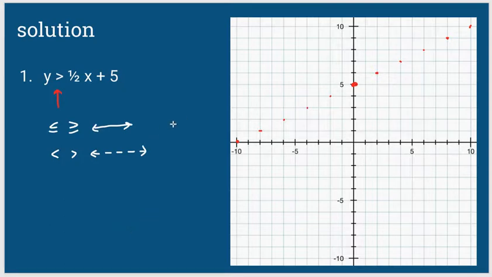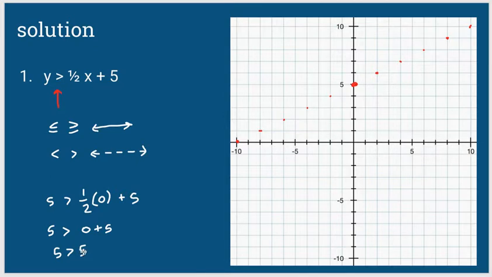Okay, and I can double check this because if I take a look at the y-intercept, that's the point 0, 5. If I plug in 0 for x, so 1/2 times 0 plus 5, and I plug in 5 for y, I put in my greater than sign, and I simplify this, what I get is that 5 is greater than 0 plus 5, or in other words, 5 is greater than 5.